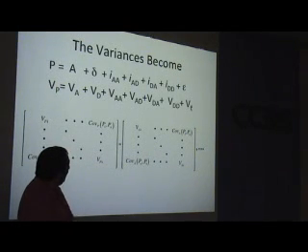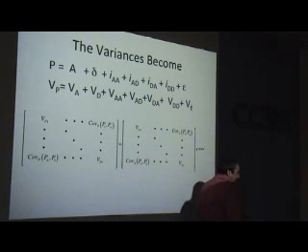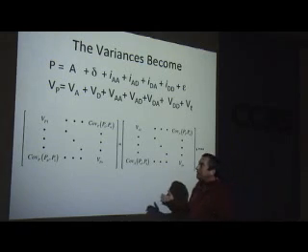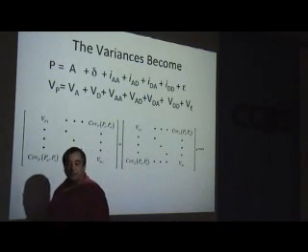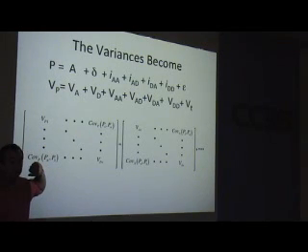Okay, the problem we have with that, of course, is that we can't just look at an individual. We need to move to a variance. And the way we do that is simply squaring those individual vectors, and that gives us a covariance matrix.